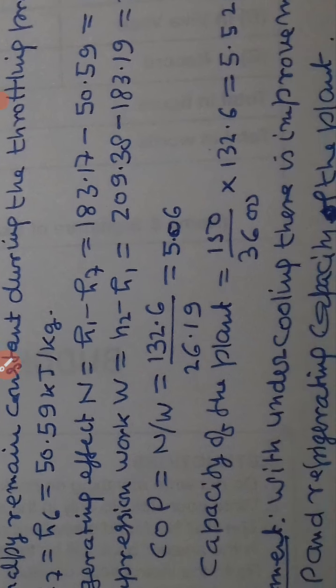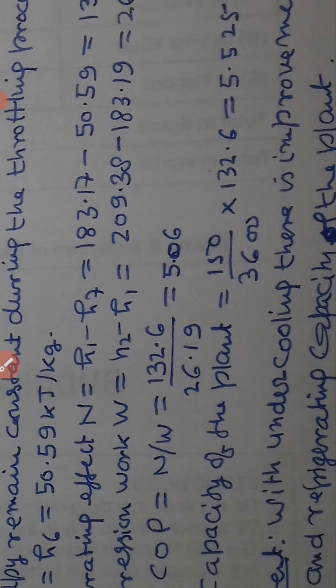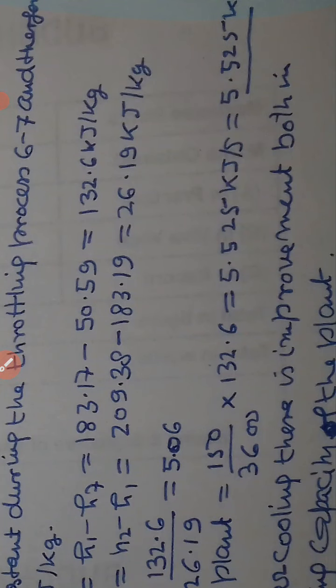Therefore, capacity of the plant is 150 divided by 3600 multiplied by 132.6, and that gives 5.525 kW. It will be 5.52 kilowatt.